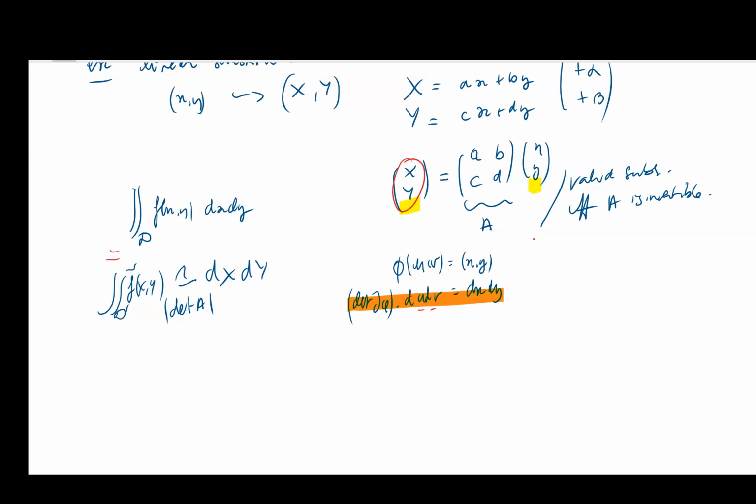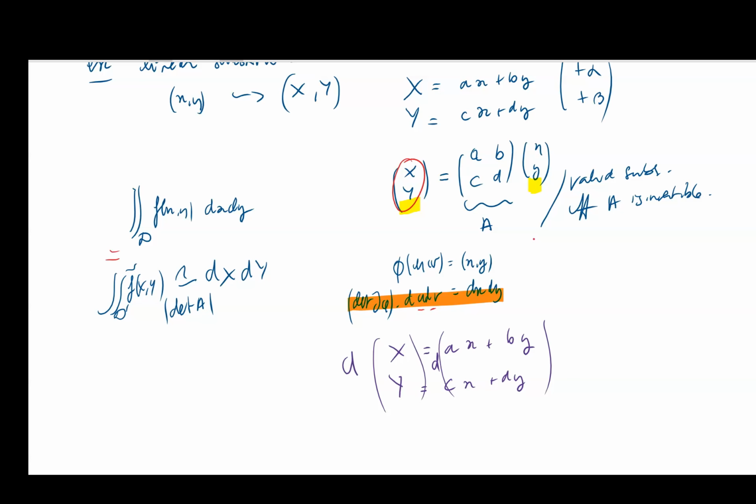If I write it line by line, as you would proceed before you had the formula, what would you get? You would write capital X is equal to ax plus by, capital Y is equal to cx plus dy. You apply differentiation on both sides.